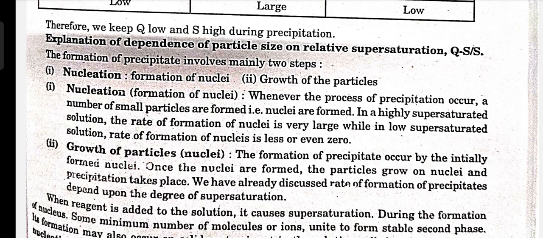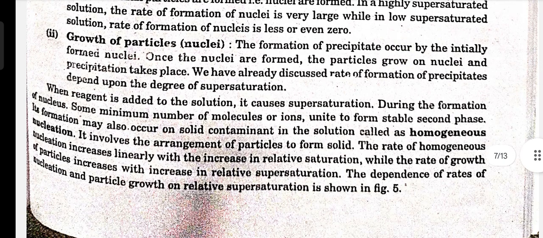We have already discussed that the rate of formation of precipitation depends upon the degree of supersaturation. When reagent is added to the solution, it causes supersaturation. During the formation of a nucleus, some minimum number of molecules or ions unite to form a stable second phase. Its formation may also occur on solid contaminants in the solution, called heterogeneous nucleation.